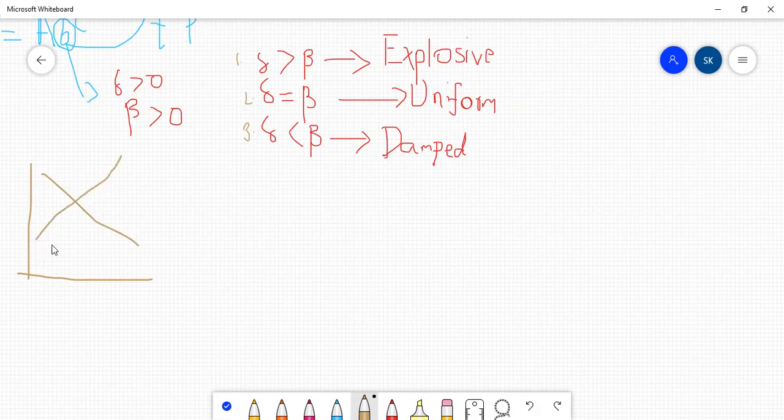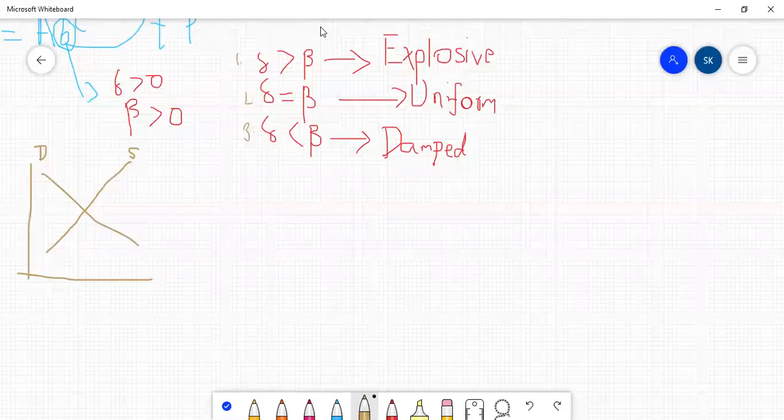When we are studying the cobweb phenomena, our points of equilibrium are not as simple as they were before.